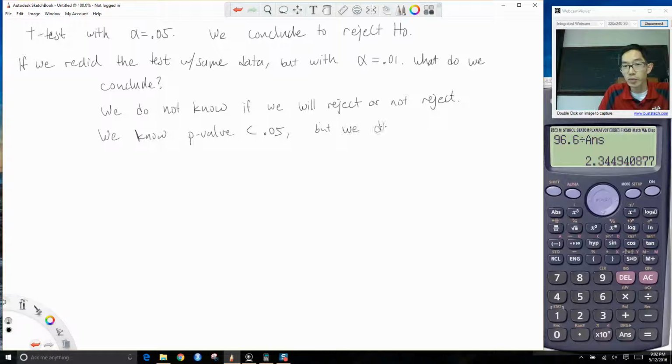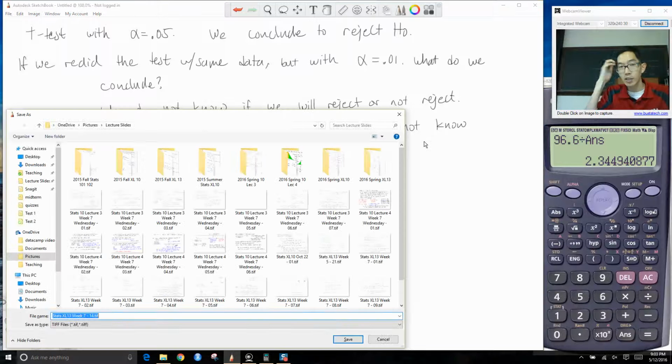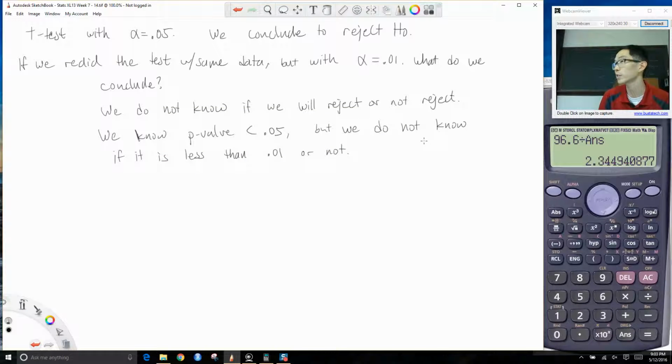But we do not know if it is less than 0.01 or not. So we do know that our p-value is less than 0.05, but we don't know if it's less than 0.01 or not. Is that okay?